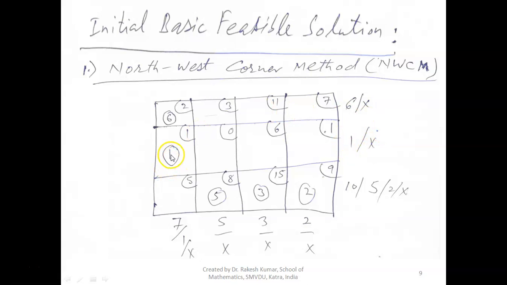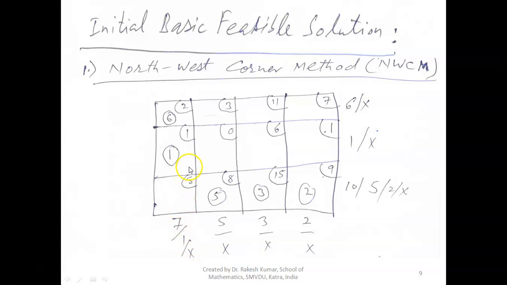There is no point of minimum, because 1 is required and 1 is available. So put 1 over here. That is, 1 unit is transported from supply center 2 to demand center 1 at the rate of 1. Now this supply is exhausted and demand is also exhausted.